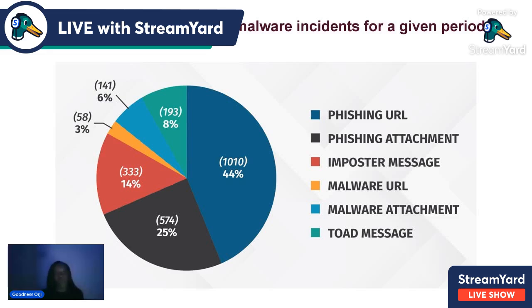Looking at a chart like this, I can see that those in blue received a phishing URL, right? For 25% of people, they actually clicked on the phishing attachment, right? About 14% were imposter messages. So this gives a clear picture, and it helps you present your reports or presentations much better and more effectively, right?